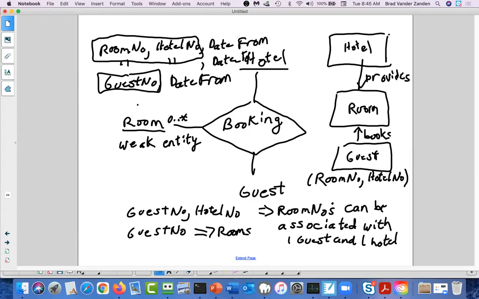If you have multiple keys pointing to different entities, and none of those keys is unique, can be used as the primary key by itself, then you probably have a relationship.